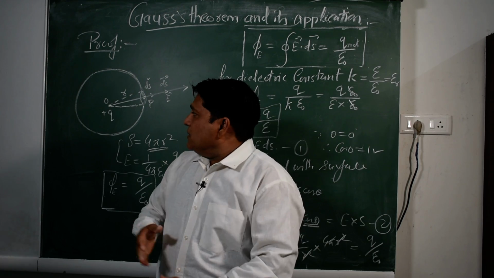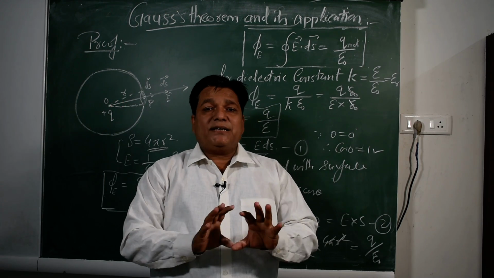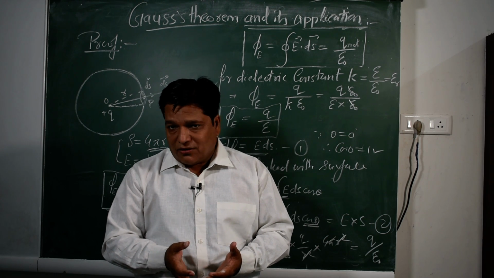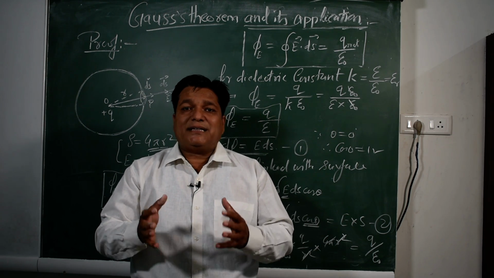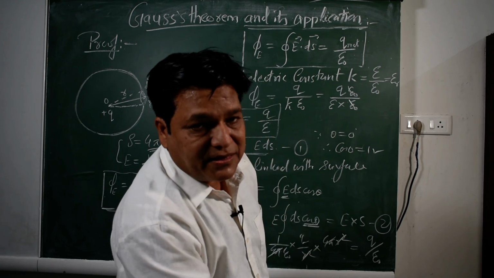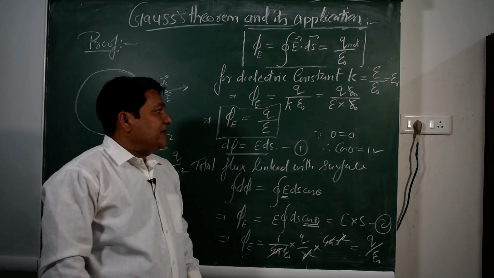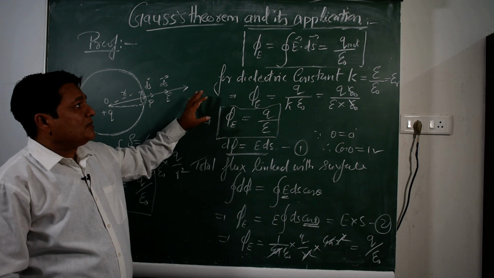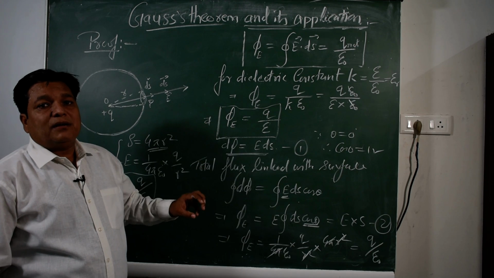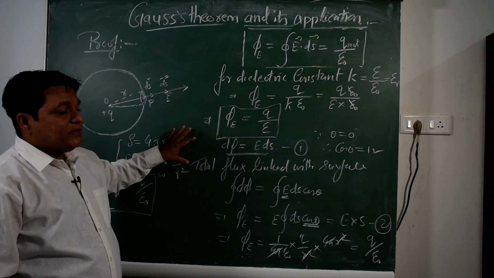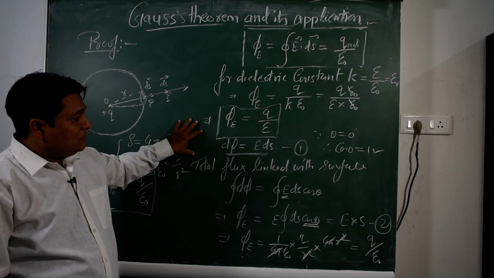Number 2: the charges or the charge distribution inside the closed surface are effective for the Gauss theorem, meaning the charges which are inside the particular closed surface are considered. Number 3: Gauss law is applicable for the inverse square law. The inverse square law is used for the Gauss law.